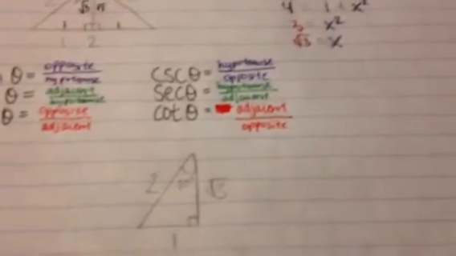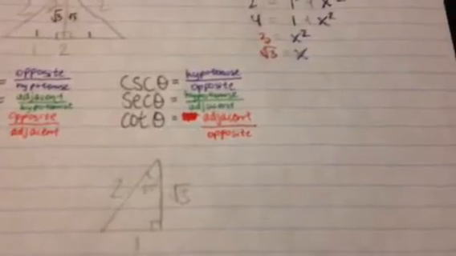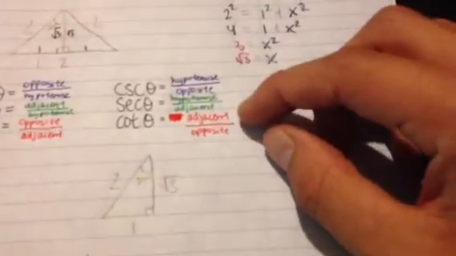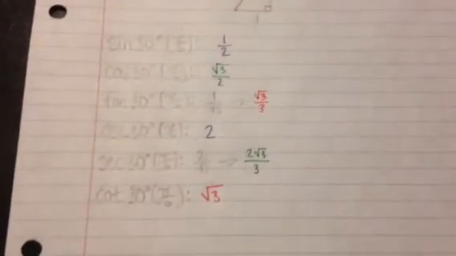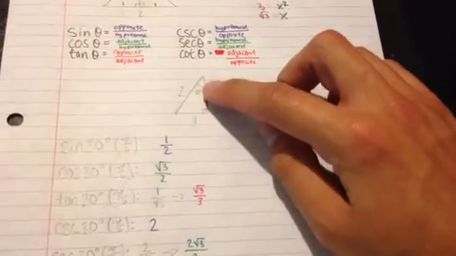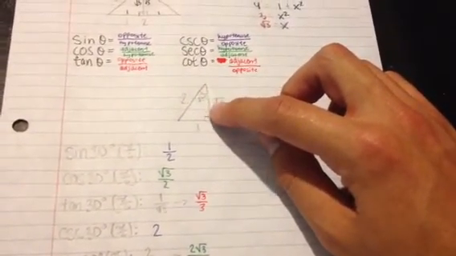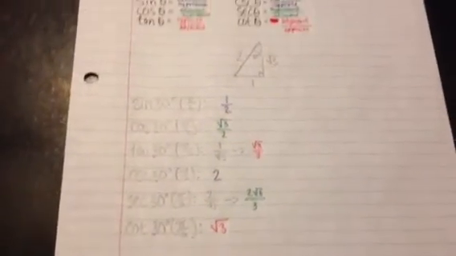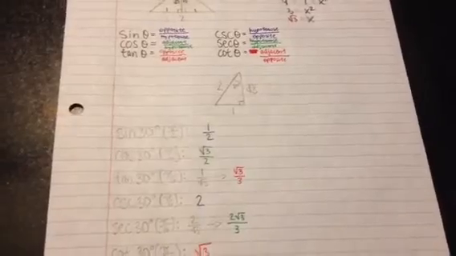And lastly is cotangent, which is the reciprocal of tangent. So adjacent over opposite. I keep almost wanting to say hypotenuse whenever I say opposite, so I hope that isn't confusing you. So adjacent, square root of 3, over the opposite side right over here.